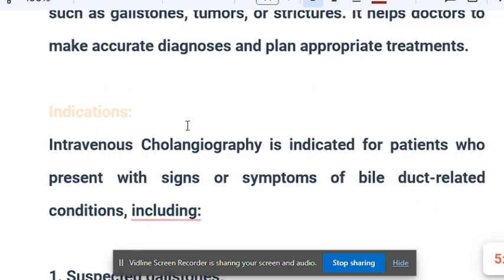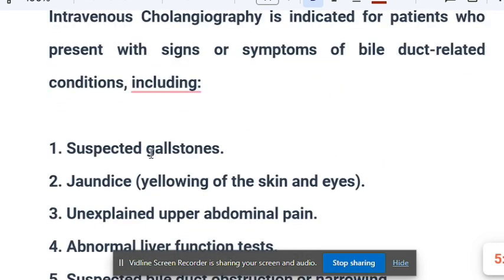Now, indication: what are the conditions for which this examination is done? Number one, suspected gallstone, also said as suspected cholelithiasis. Another one is jaundice. It is not possible to identify jaundice by means of this examination, but jaundice may happen due to obstruction of the common bile duct.